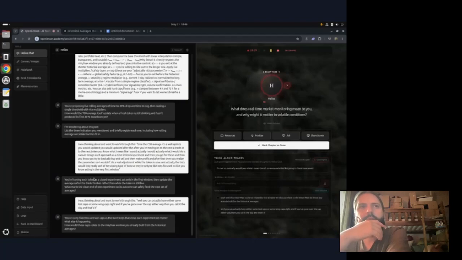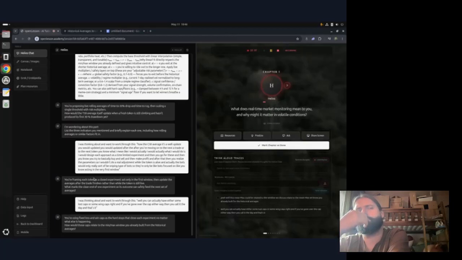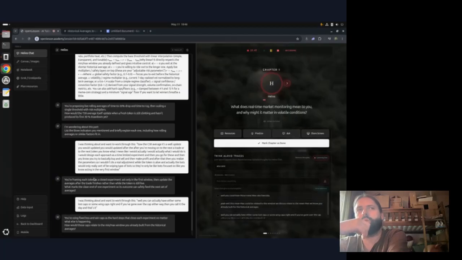How would those caps relate to the min-max window you already built from the historical averages? Well, you could have those min-max caps basically also set to some statistical historical values.